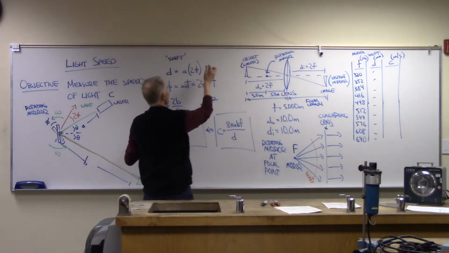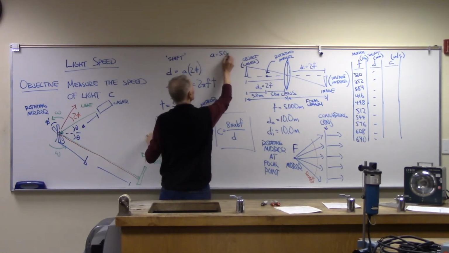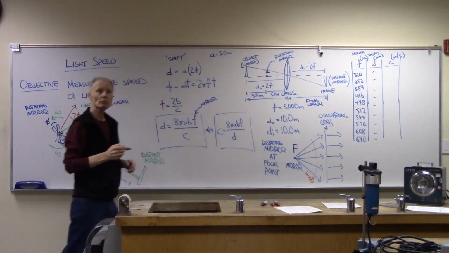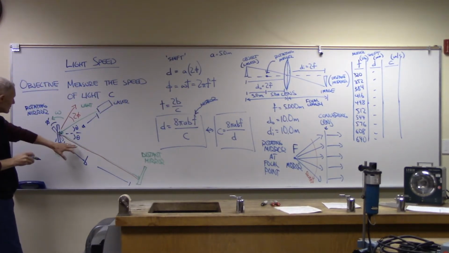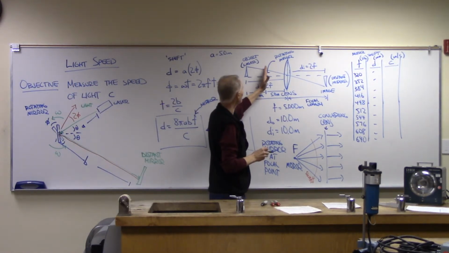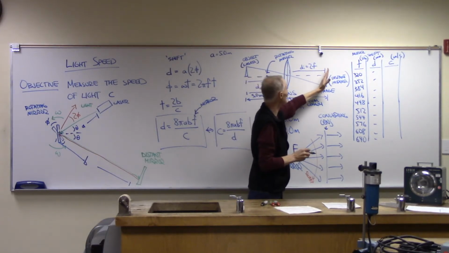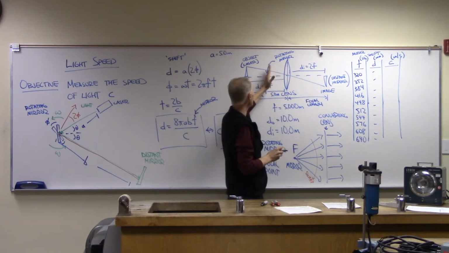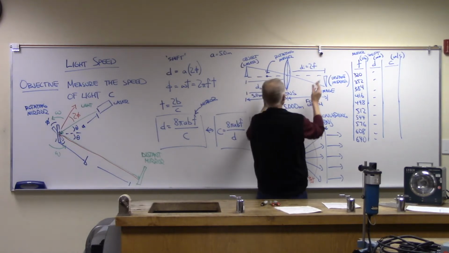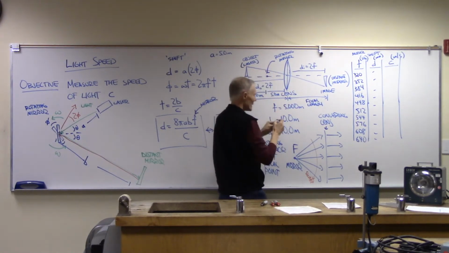So distance A, it turns out, needs to be 5 meters. And distance B is from the rotating mirror through the lens all the way to the distant mirror. So B is going to represent this distance. A is the distance right here.